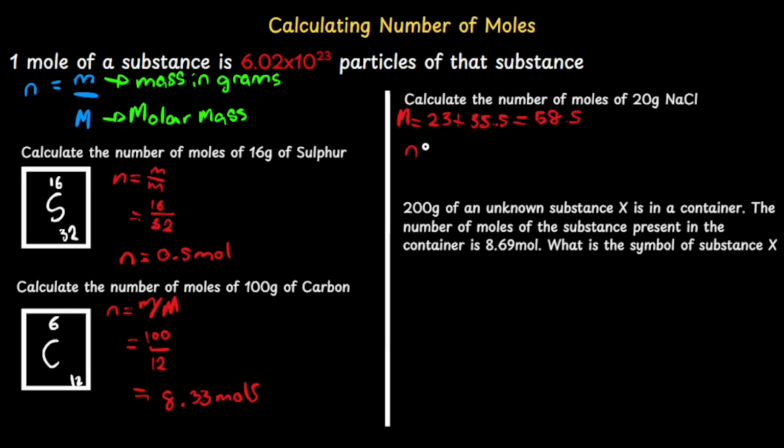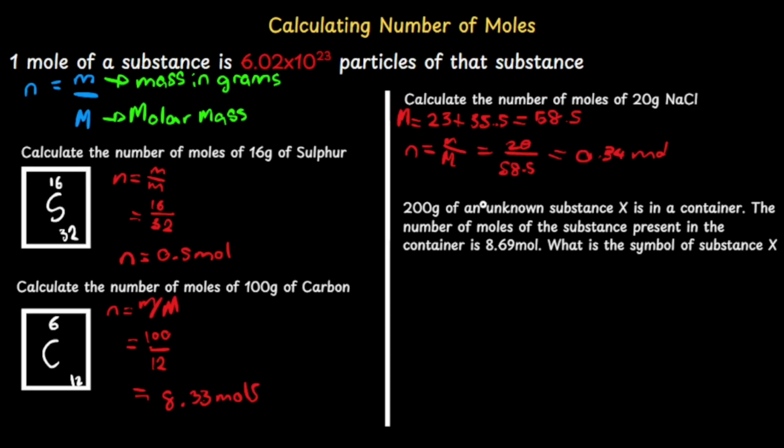That is done using the number of moles formula, which tells us the number of moles is equal to the mass in grams over molar mass, which in this case is equal to 20 divided by 58.5, which is equal to 0.34 moles. It was quite simple, guys. That just tells us that in order to calculate number of moles, we of course need to know the molar mass of the substance that we're working with.